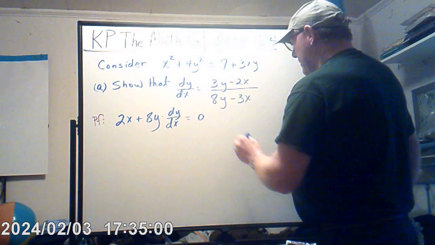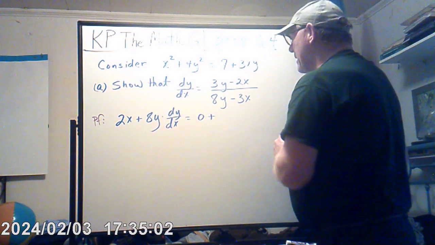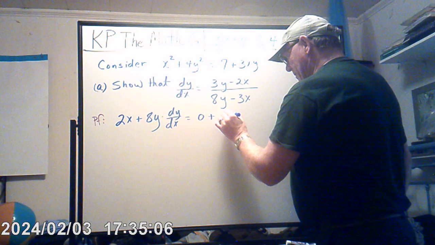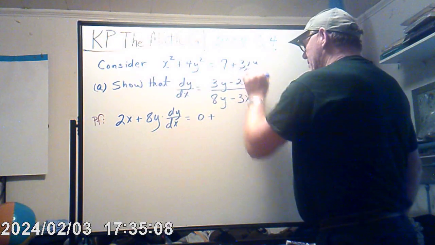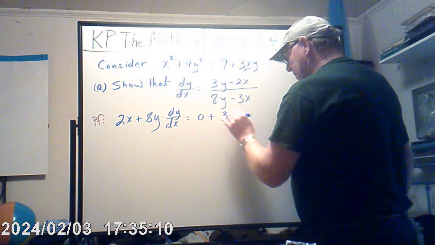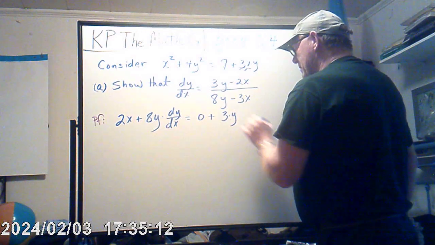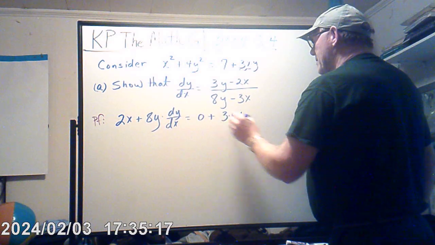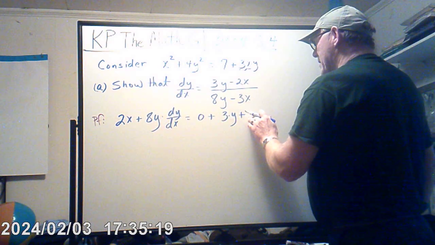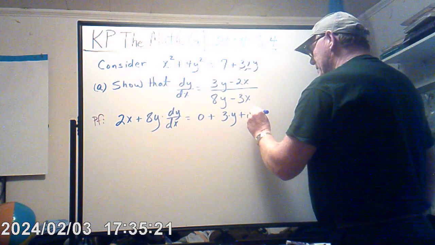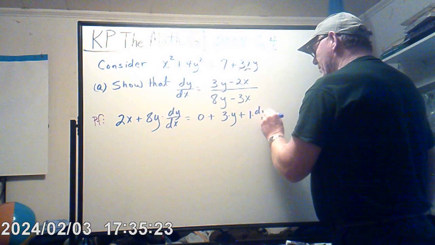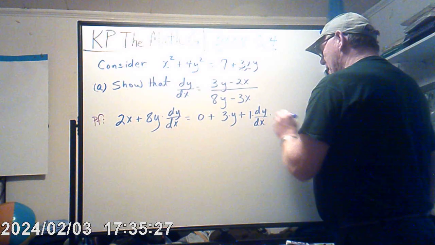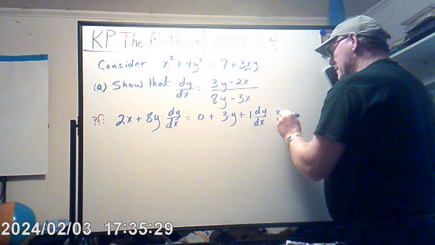Alright. The derivative of 3xy, well, this is the product rule. So the derivative of the first, that's 3x, which is just 3, times the second, 3y, plus the derivative of the second, which is 1 times dy over dx, times 3x.